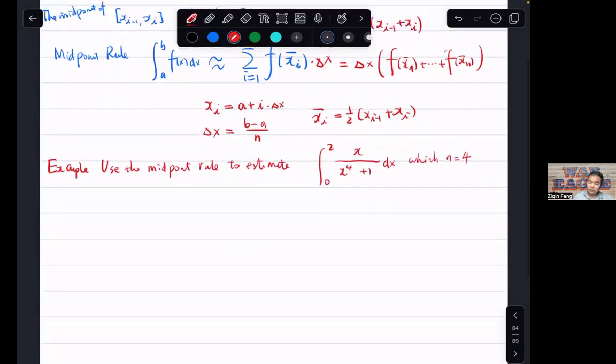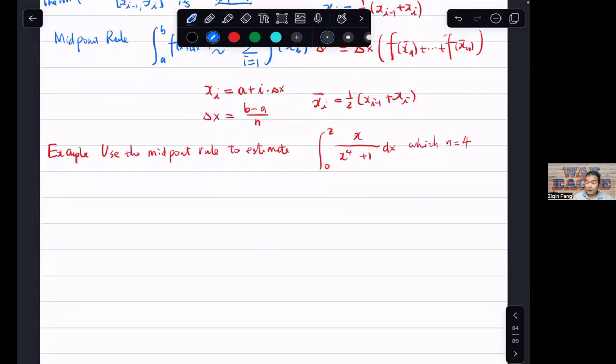Here n is the number of subintervals you want to divide the domain into. We have 0 to 2 as our domain, and n is 4, so you divide it into 4 intervals.